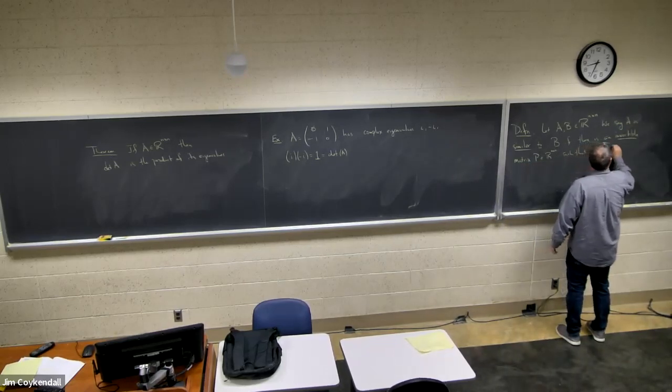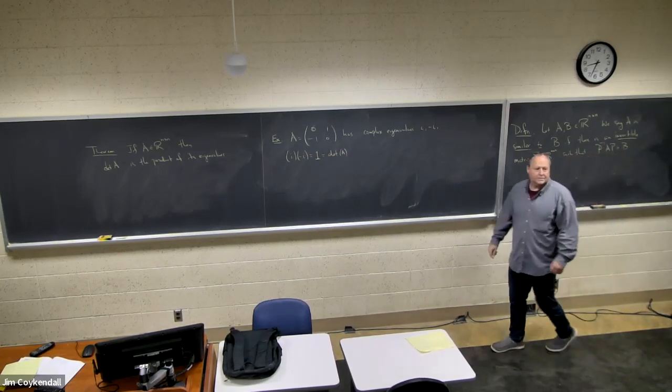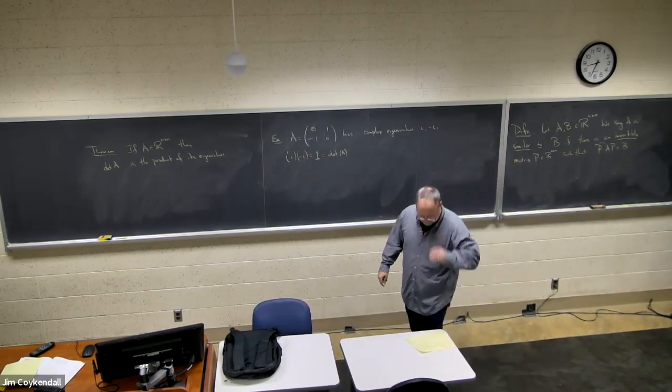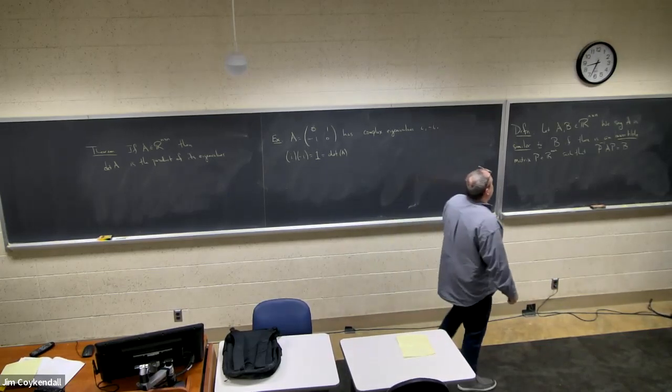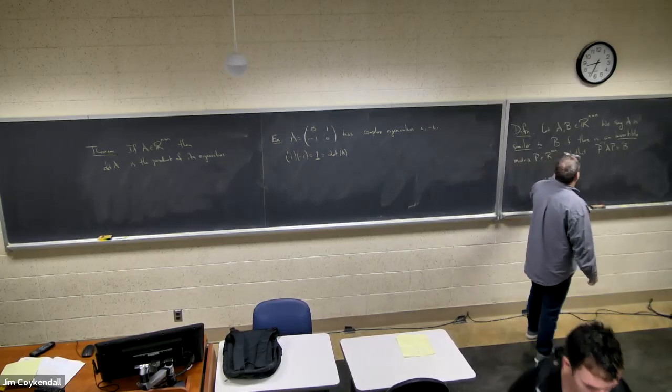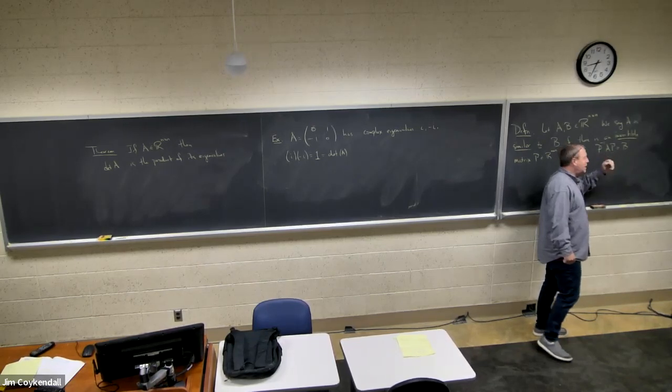So what it means for two matrices to be similar is if there's an invertible matrix P such that P inverse A P is equal to B. This is sometimes called a conjugate of A.